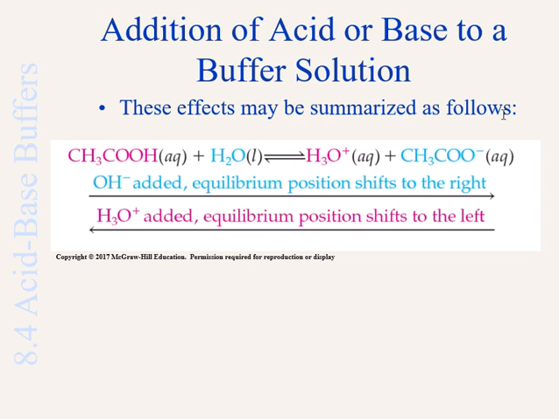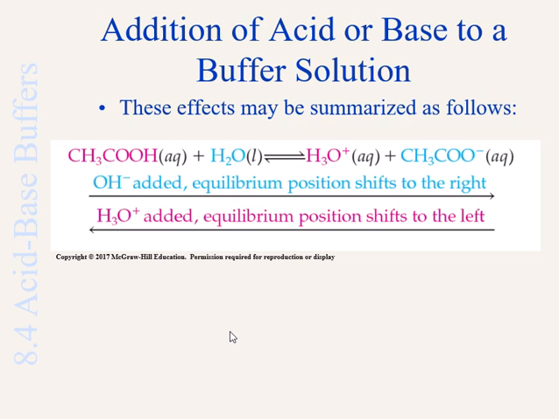If we add too much H3O+, for example, we may add way more H3O+ than we have CH3COO- to react with it and move the equilibrium to the left. In that case, our buffer capacity is just not able to meet the added change in pH that is being attempted.